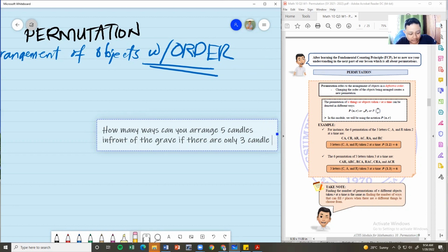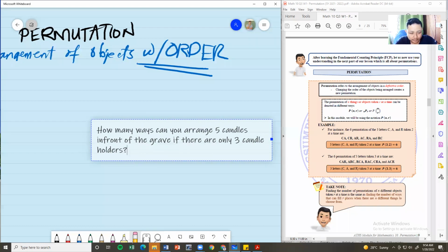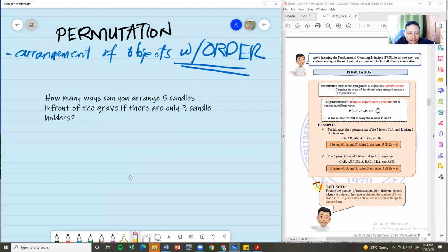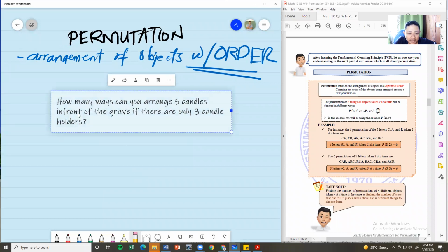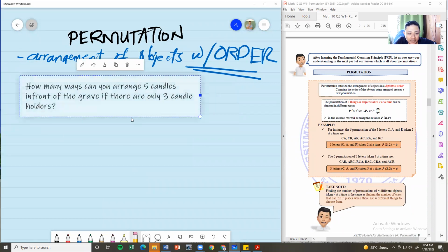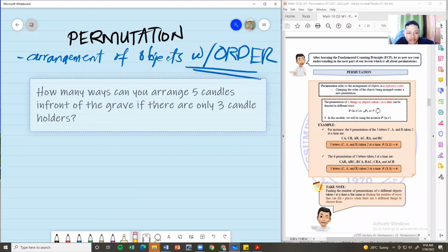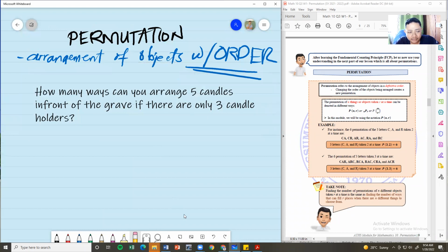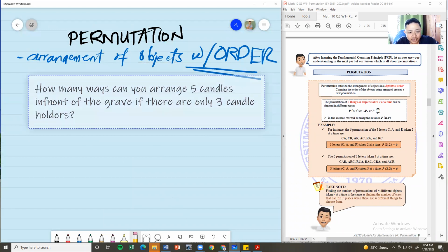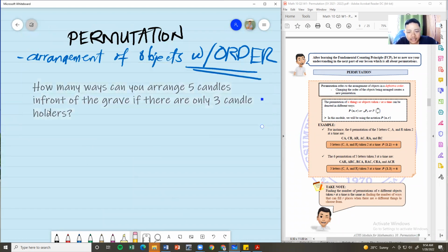Uy, ito may restriction. If the question was only how many ways can you arrange 5 candles in front of the grave, madali lang yon. That's only 5 factorial. But in here, there is another restriction. Oh, no.